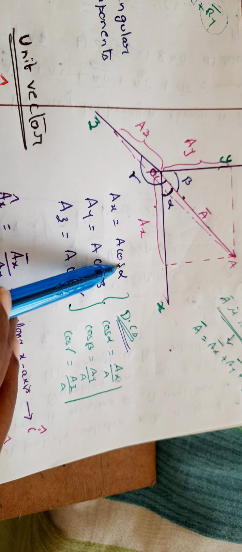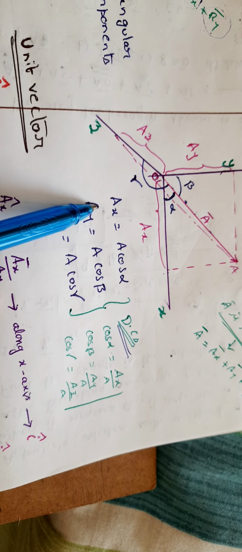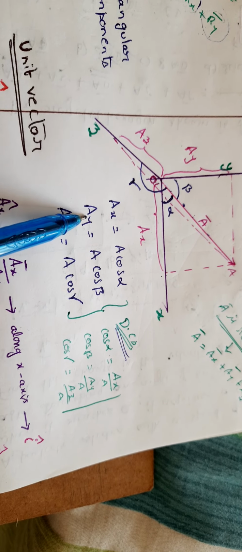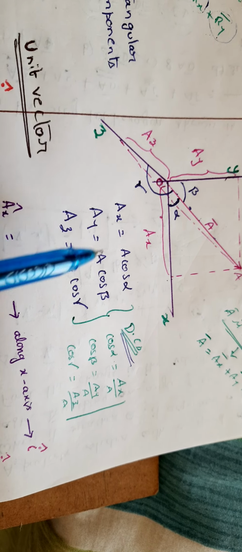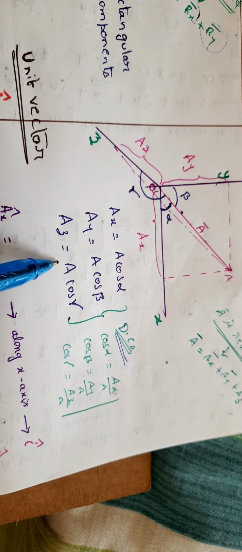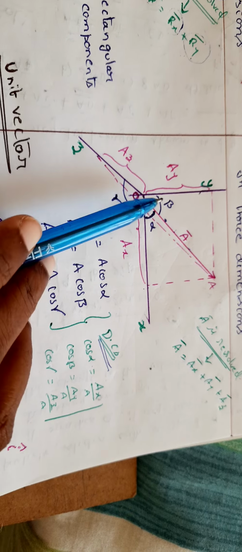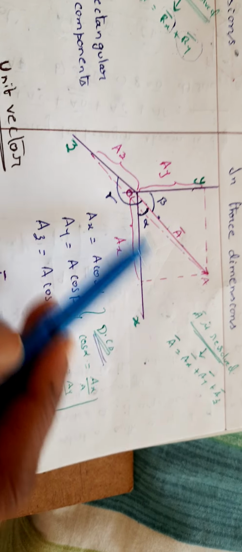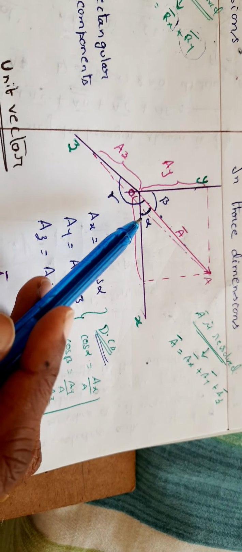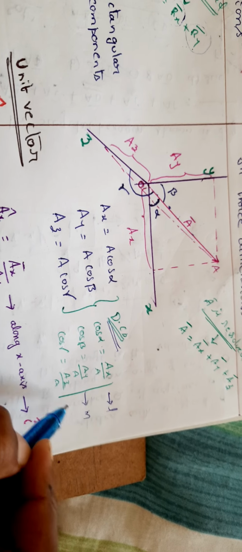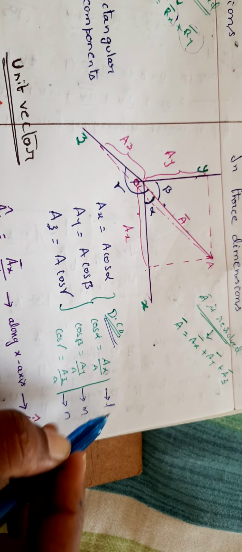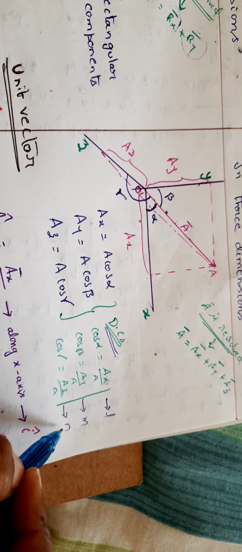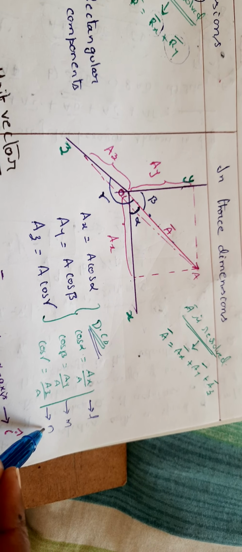Cos alpha is equal to Ax by A. Cos beta is equal to Ay by A. Cos gamma is equal to Az by A. Can you understand from where and how you got it? Just from the trigonometric ratios you can directly find it out, right? So now you can write these as L, M, N, where L, M, N are the direction cosines of the given vector.